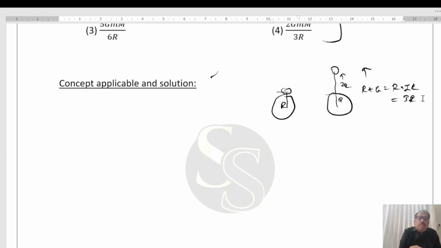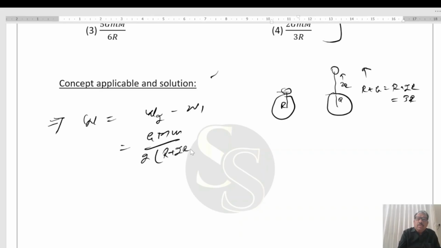Now, the total energy required, W equal to W2 minus W1. That is, negative GMm over 2 times (R plus 2R), minus, that is, GMm over R with the negative sign.